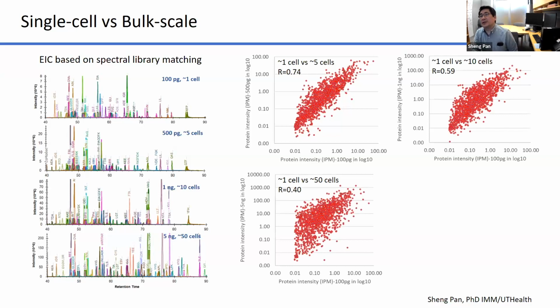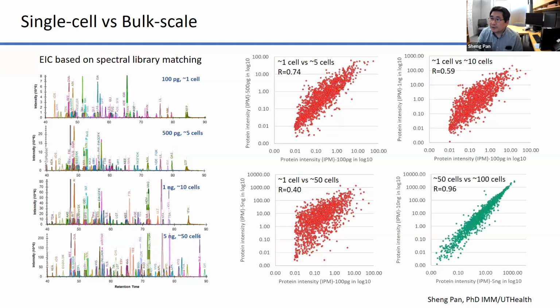This data suggests that single cell data, at least the abundance of proteins, is not linearly correlated with bulk analysis or pseudo bulk analysis. To confirm that, we plotted the data acquired from 50 cells against the data acquired from 100 cells.